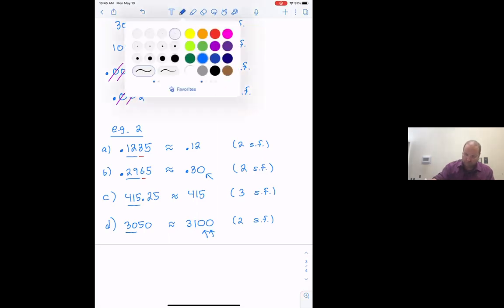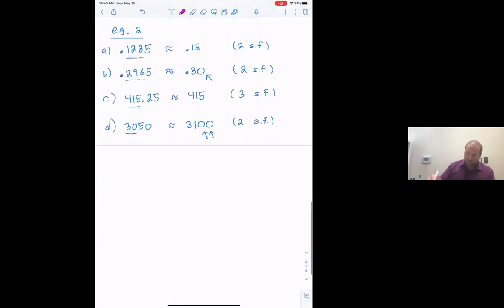So let's go ahead and write out our rules for significant figures. Number 1, non-zero numbers are significant. Number 2, sandwiched zeros.